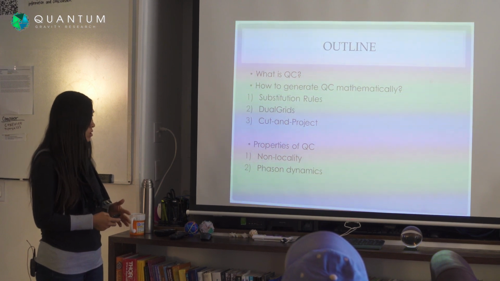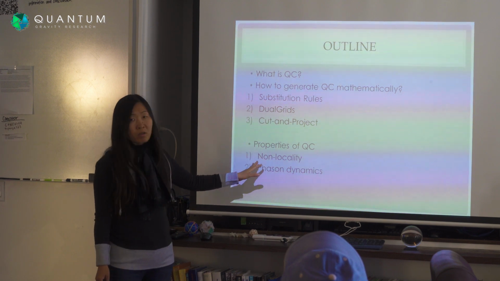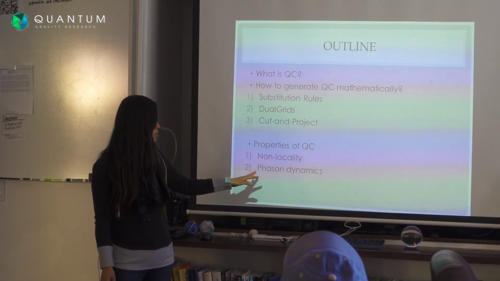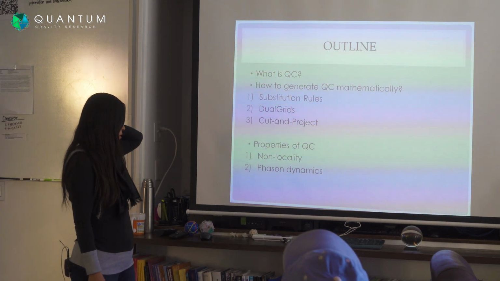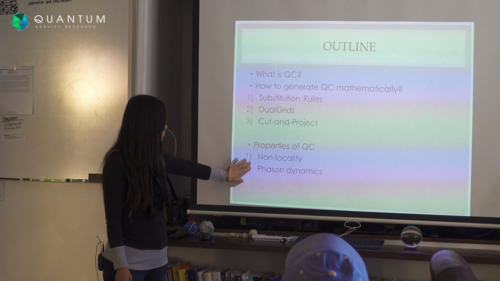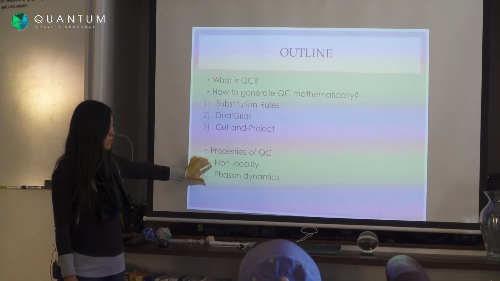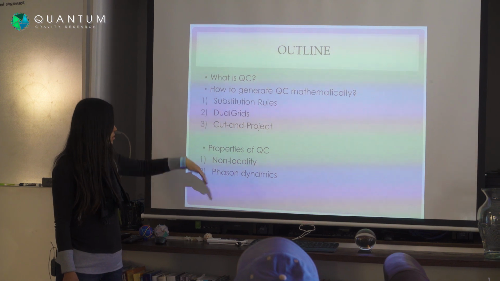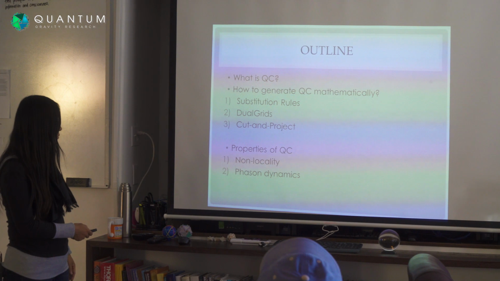I only cover 2 aspects. One aspect is the non-locality, and the second one is the phason dynamics. Actually, I think these 2 would be moved to individual subjects later, in different presentations, right?